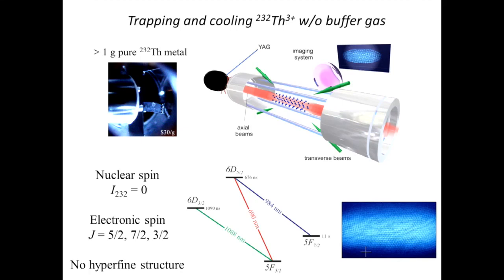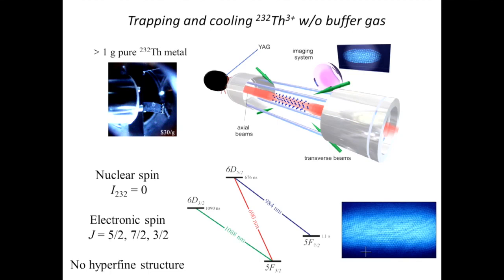So in the first iterations of our experiment with previous traps, we always had to begin the process with buffer gas. That is, we always loaded the ions from ablation into the trap in an ultra-pure atmosphere of helium.